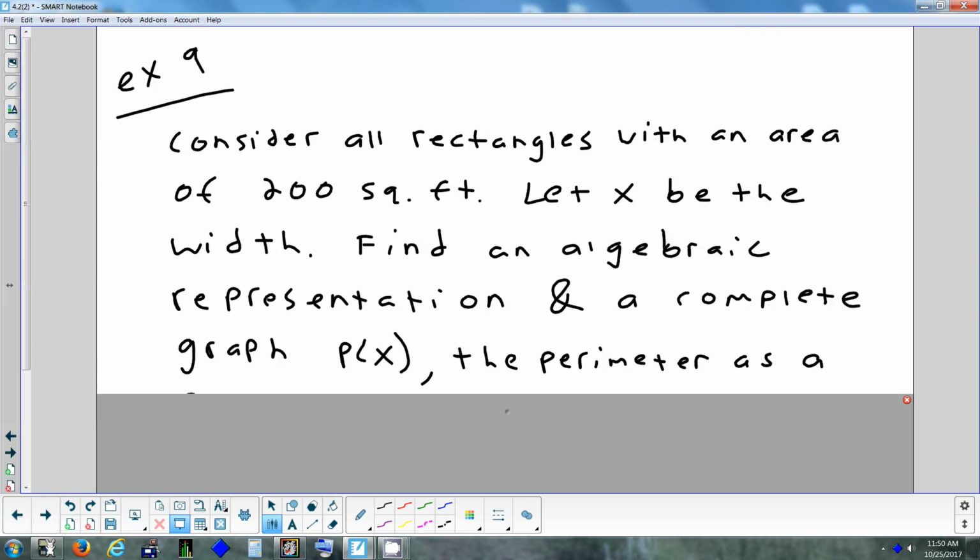We're going to let x be the width, and what I want to do is find a formula for the perimeter. And then after we find a formula for the perimeter, I'm going to ask you what would be the smallest perimeter rectangle you could have that encloses that much area.